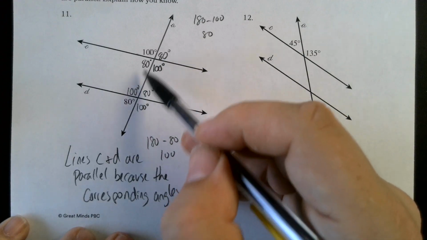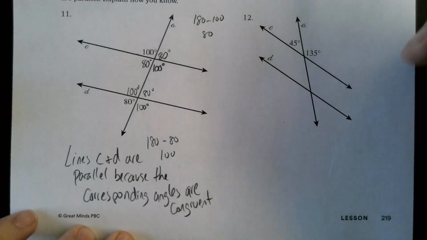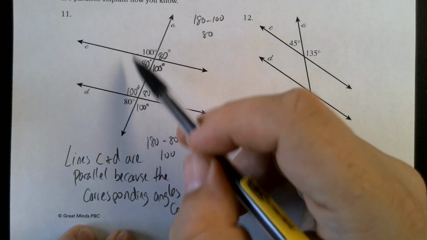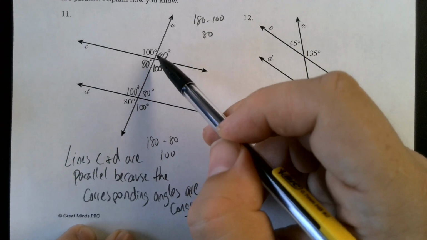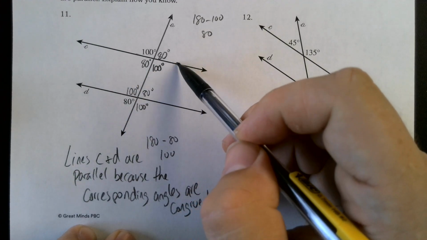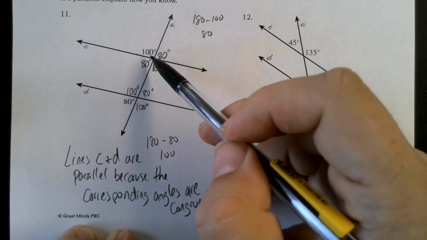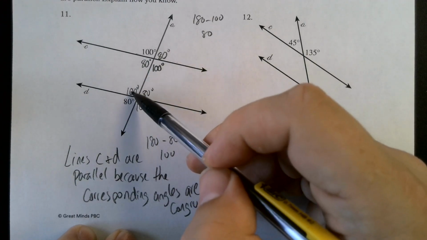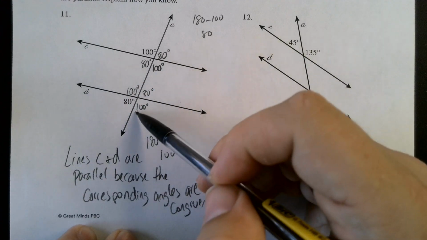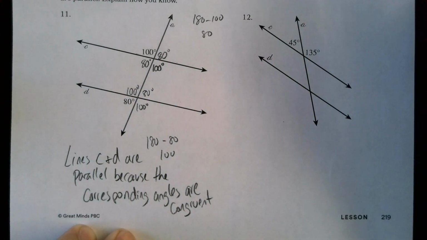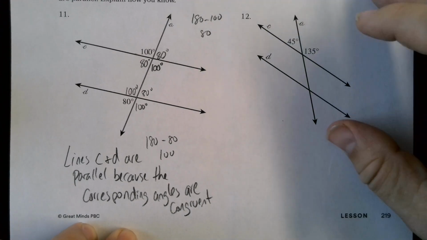Your matching angles, they are congruent. You cannot just assume. We're not looking to see what the angle measurements are. We have to find those. But we're saying, are these lines parallel? You cannot just go through and say, oh, 100, 100, 100, 100. Yes, I know those are the corresponding angles, but we have to actually determine if they are congruent or not.